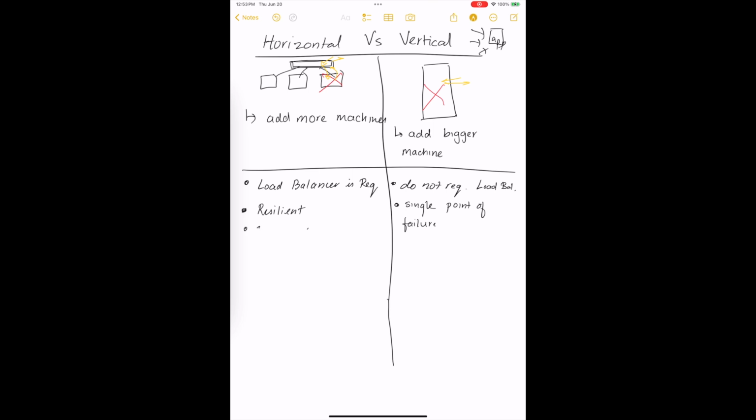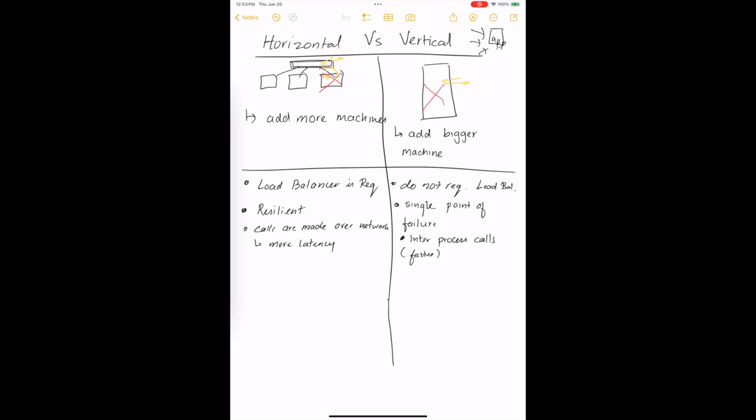So because the calls are made over network, there is more latency. While on this side, the calls are within the same computer, or they are inter-process. So it is faster, okay?